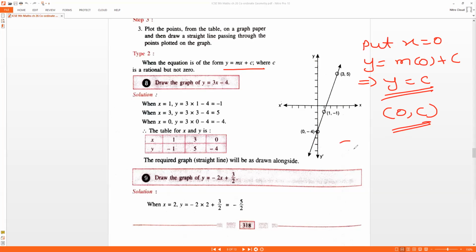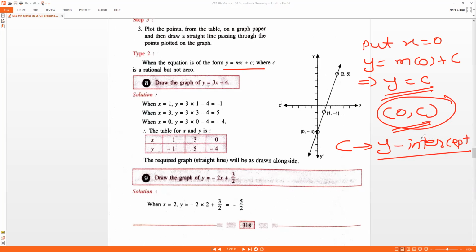This c is called the y-intercept, if you have heard this term. What is the y-intercept? The y-intercept is the point through which the line passes or cuts the y-axis. This is the point where the line cuts the y-axis. Are you getting my point? Is that clear?